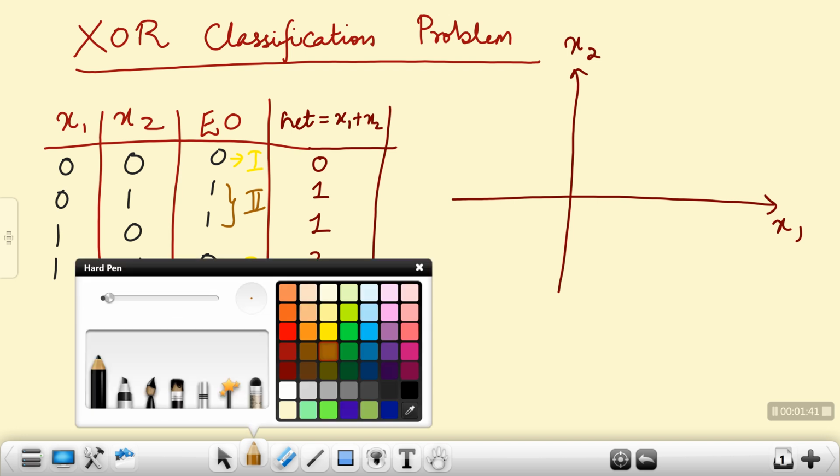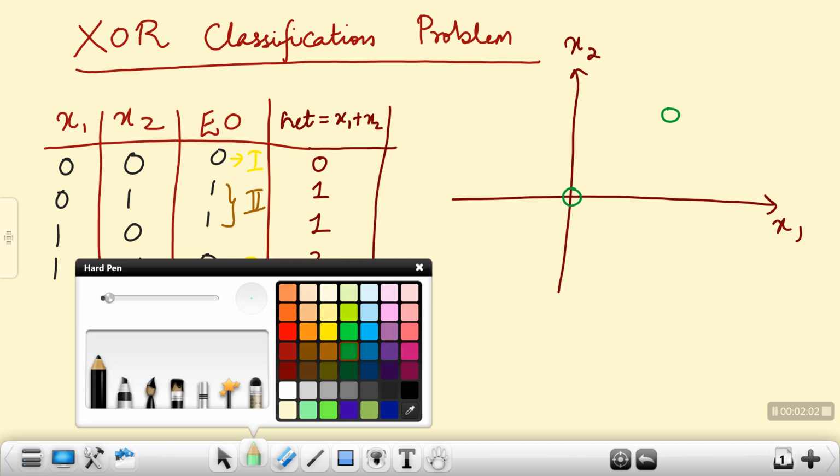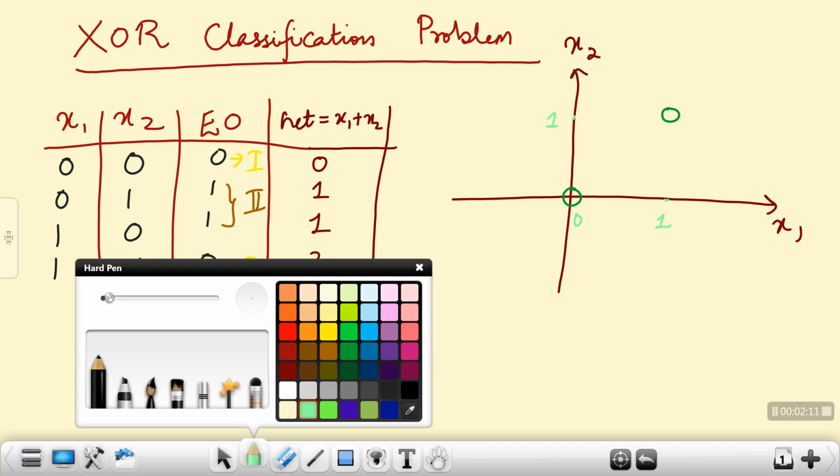But in this case, when I plot these points, at 0,0 the output is 0, and the output is 0 again at 1,1.